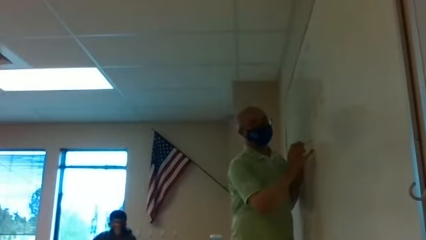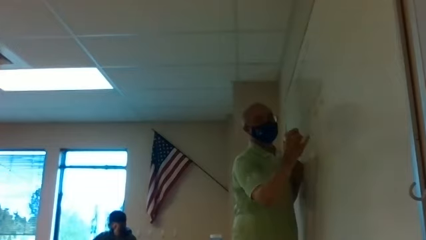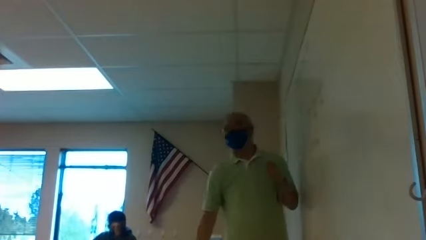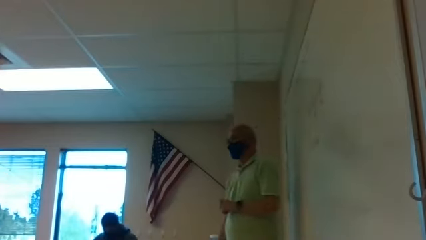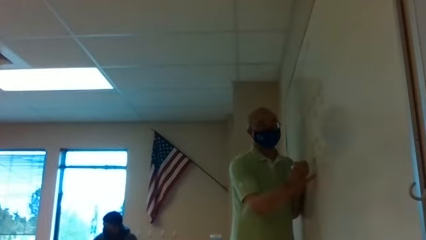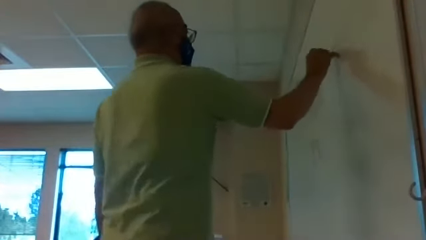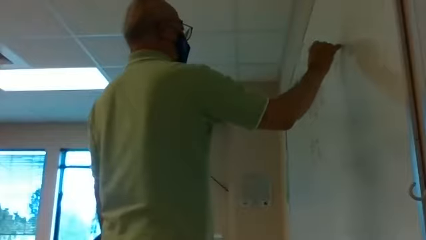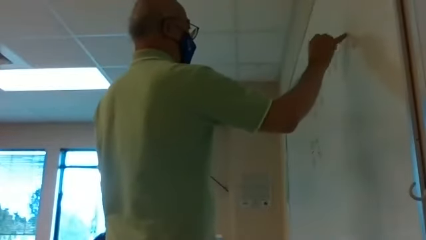I get 25x is equal to 110 minus 20, which is 90. So what's my next step? Divide everything by 25. This guy now goes away. X is going to be equal to 90 divided by 25, which is 3.6.